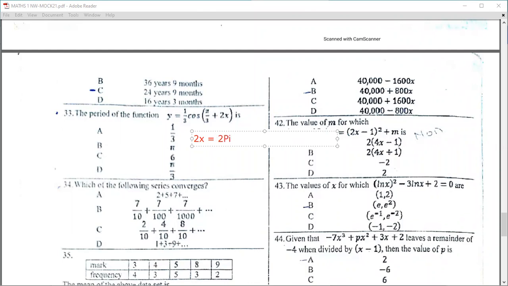So it therefore means that x will be equal to pi. So for this particular function, the period of this function is pi.